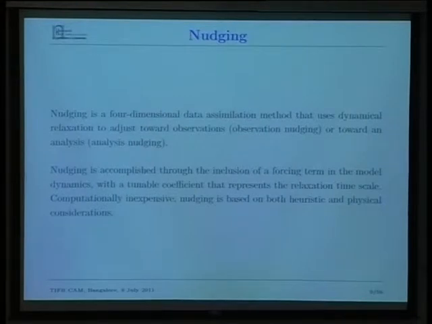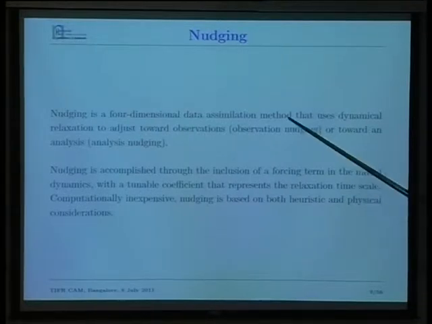So it is probably the first four-dimensional data assimilation scheme. It has been used in the 70s, 80s and 90s. It's less used now because people prefer to use 4D-Var or Kalman filters.